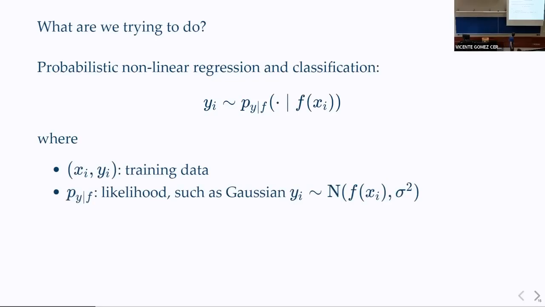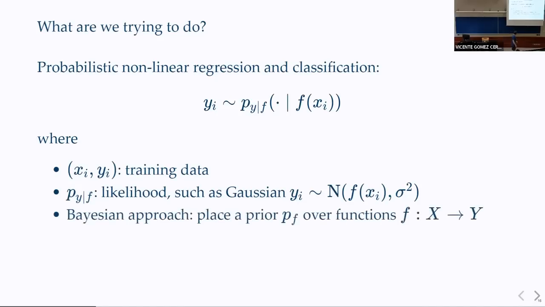The likelihood could be a Gaussian likelihood. For example, if you knew what f was, then the y's would just be Gaussian, centered at the f of xi values, with some variance sigma squared, which is a parameter that we're either going to set or learn.